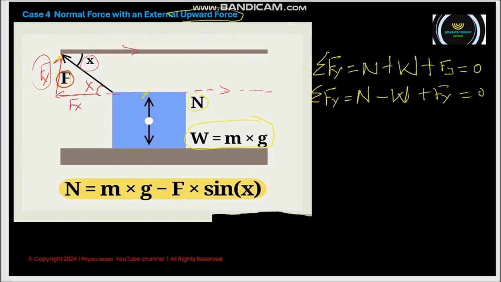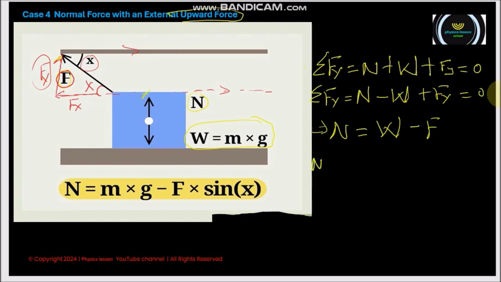After this, let's take these two quantities to the right side. This implies the normal force is equal to, when the weight goes to the other side it becomes positive, and Fy becomes minus Fy. So we can put in all the values.